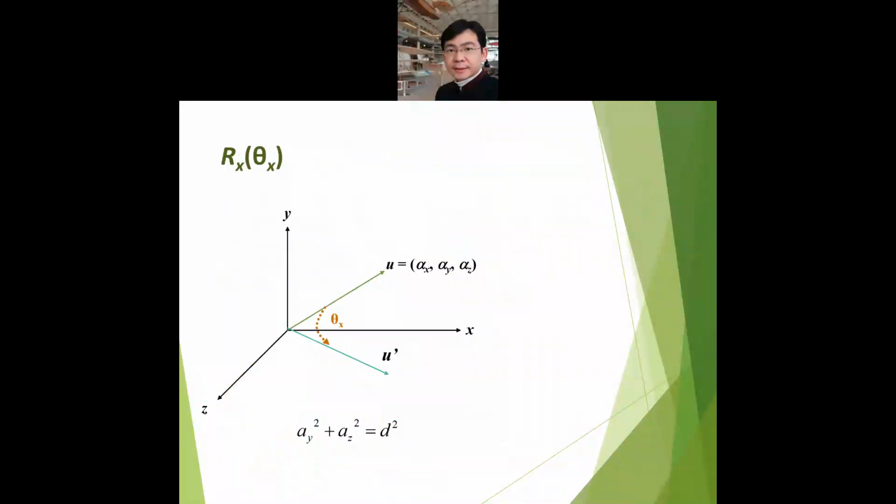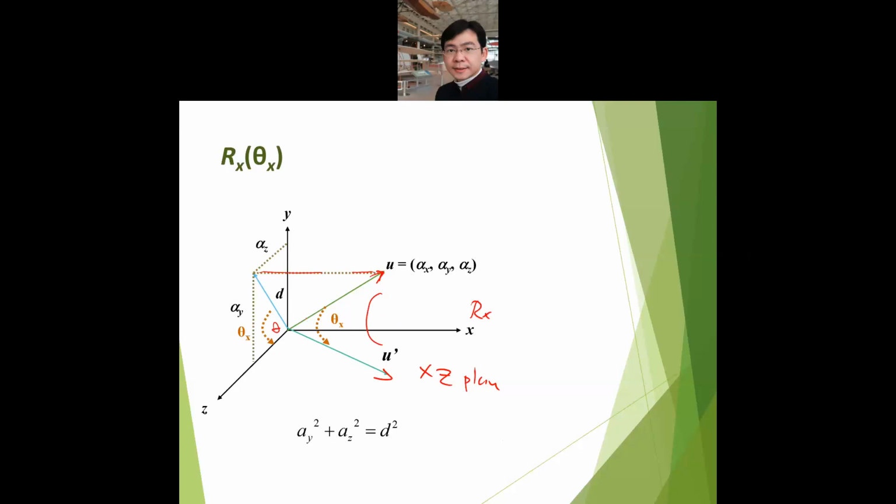Okay, so the first step is we have to rotate u onto the xz plane, right? Because what we would like to do is some rx, that is rotation around the x-axis. So you will have to find the theta here, right?